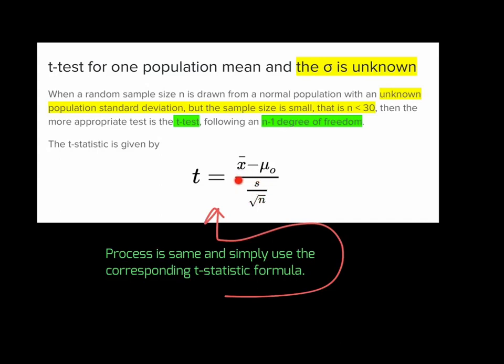As you can see, you cannot use sigma because sigma is unknown, as stated in the condition. So s is divided by the square root of the sample size n.